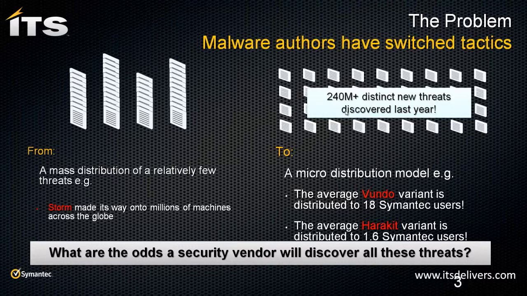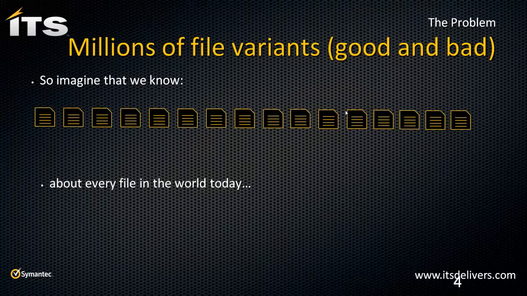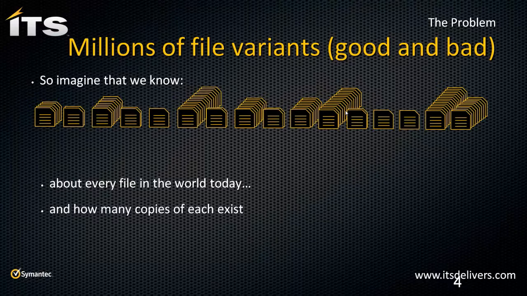1.6 customers get a new version or a new variant of the system. So how are we going to deal with that? Both millions of file variants, both good and bad. One of the things you're going to see in this webcast is that Symantec is going to start using reputation-based file security. So imagine if we knew about every file in the world today, and then how many copies of each file existed.